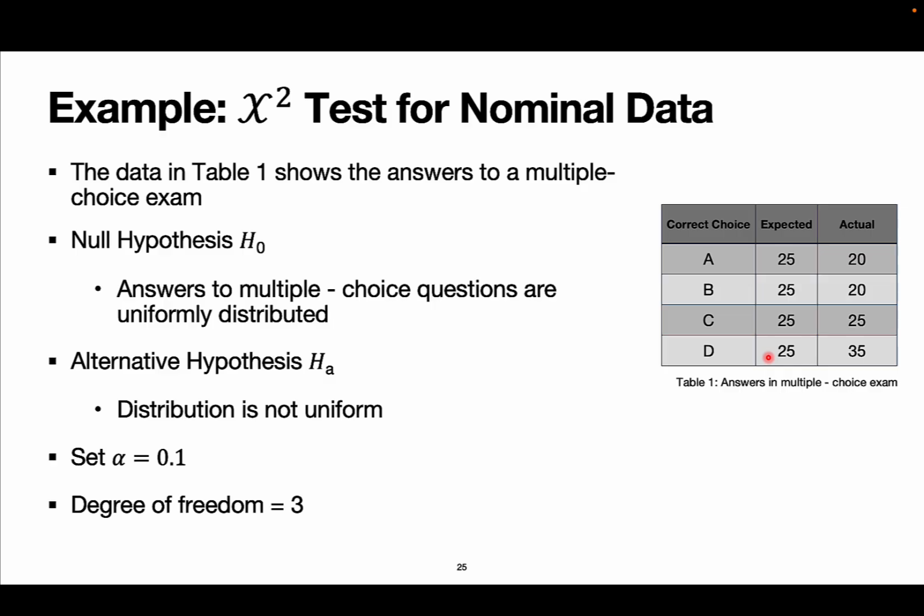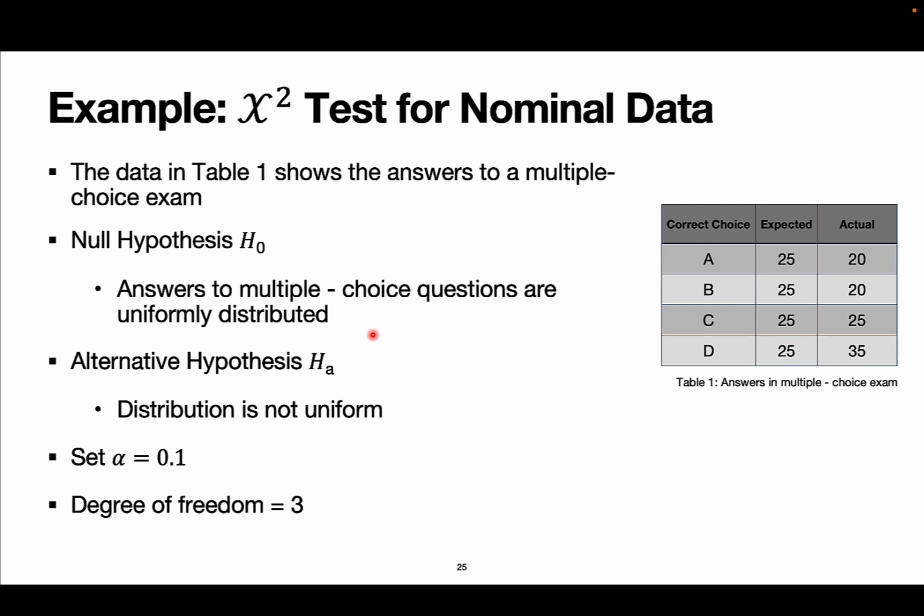So we want to make a statement that the answers are not uniform, and we want to formulate a hypothesis test. So the null hypothesis is going to say that the answers are uniformly distributed. The alternative hypothesis will contradict it and say this is not uniform.